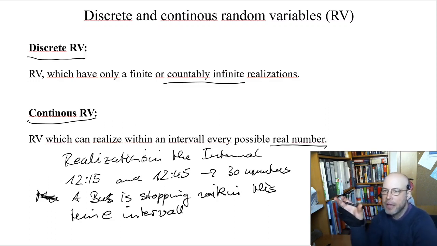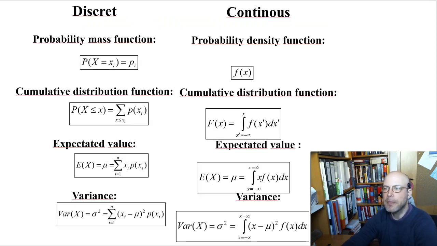But if you have these continuous variables, then we can also calculate with the probability density and so on, which comes later on. So this is just to be complete, that we have to distinguish between discrete and continuous random variables.